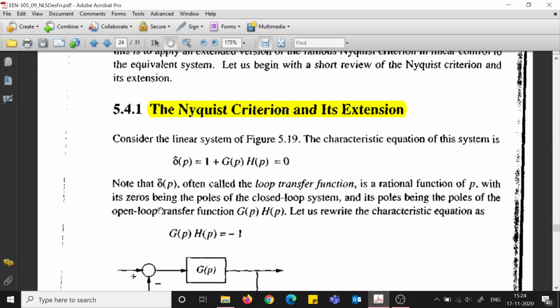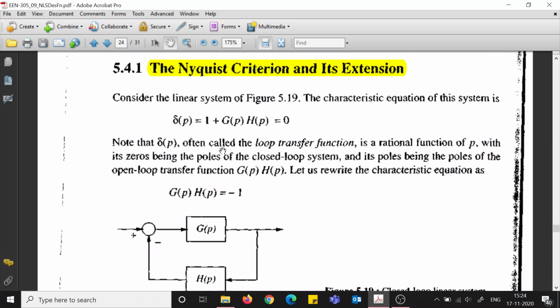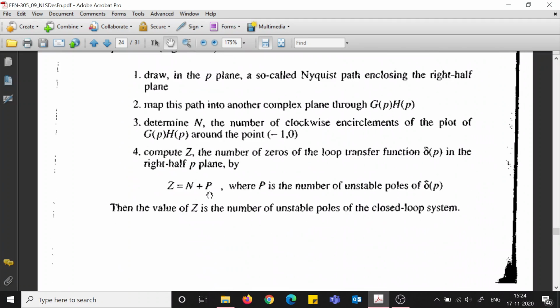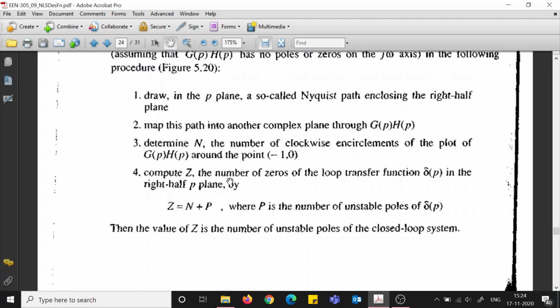So briefly remember Nyquist criteria. In Nyquist criteria we have to plot this GP-HP. This we have to plot and we have to see the encirclement of the point -1 in the Nyquist plane, the complex plane, real and imaginary plane.